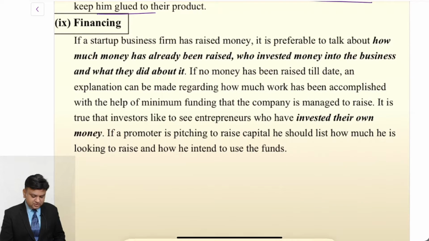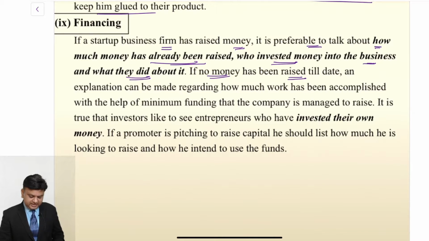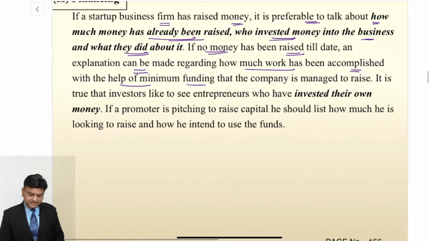Financing. If a startup business has raised money, so already you have raised funds, it is preferable to talk about how much money has already been raised, who invested the money into the business and what they did with it. If no money has been raised to date, an explanation can be made regarding how much work has been accomplished with the help of the minimum funding that the company has managed to raise.